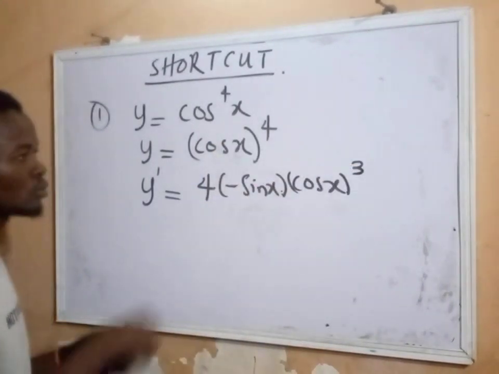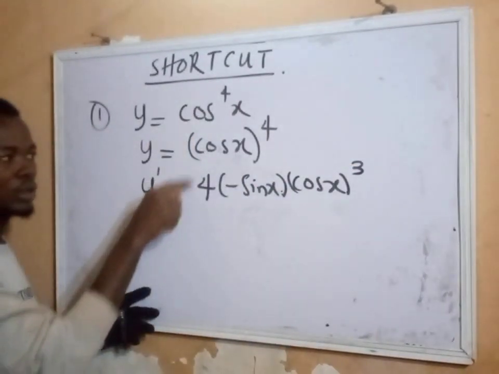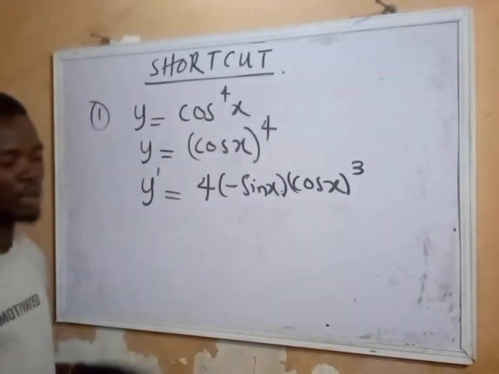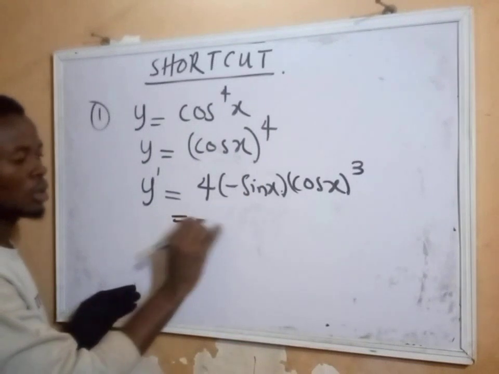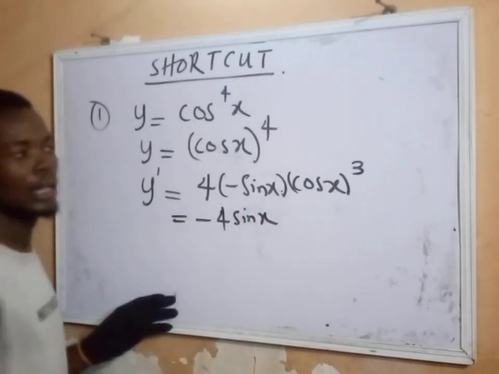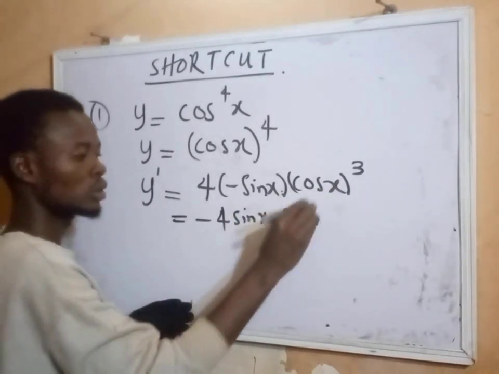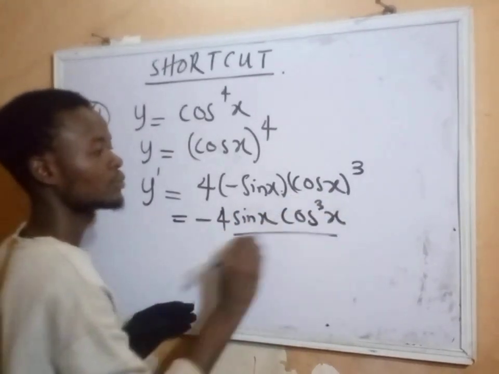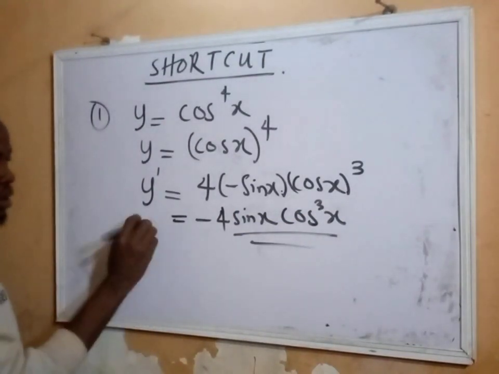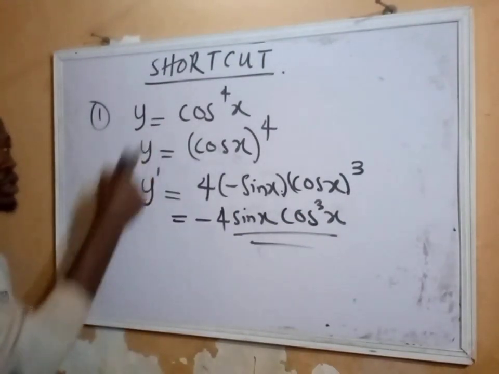You see, it's very simple. You firstly take the power down, you differentiate the inside, you rewrite it, then you subtract 1 from the power. This becomes minus 4 sine x cos cubed x. In just 3 steps, I obtain dy/dx for this.